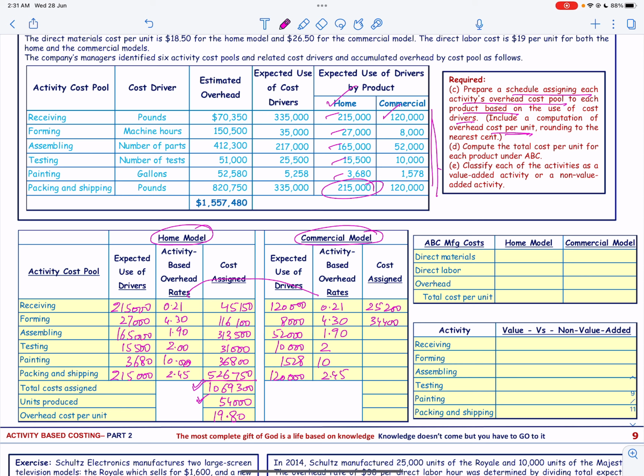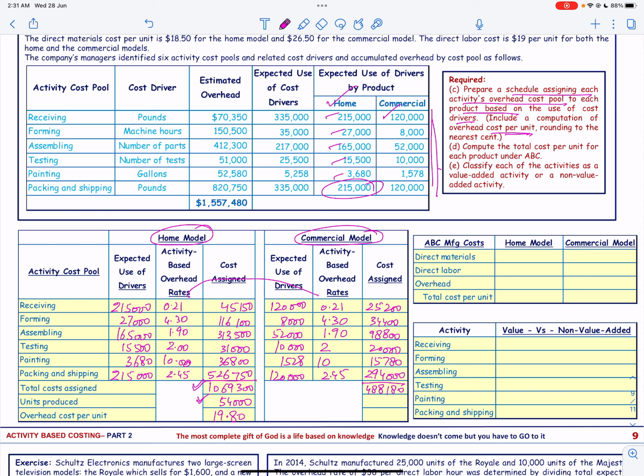25,200, 34,400, 98,800, 20,000, 15,780, 294,000, and the total cost assigned will be the total of all these values, that is equal to 488,180.